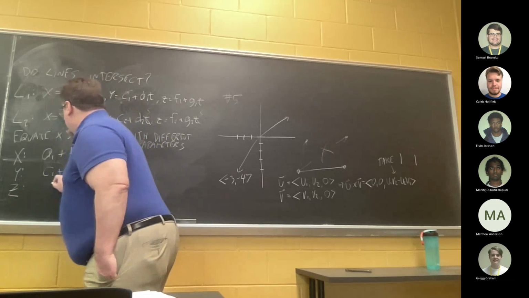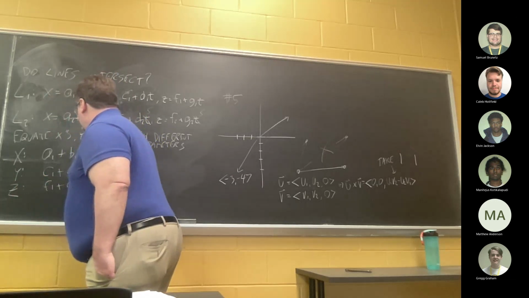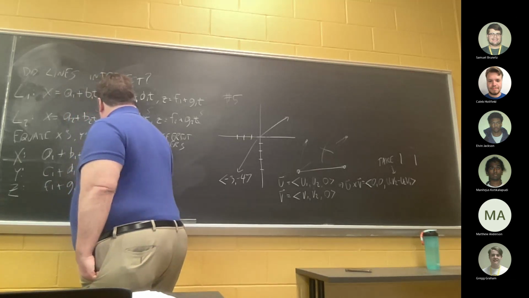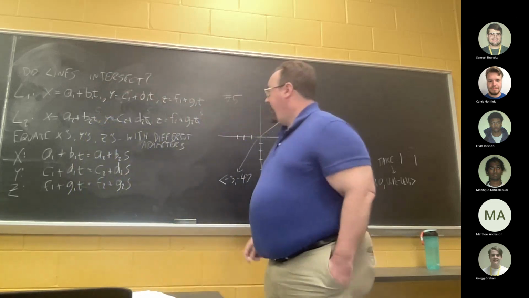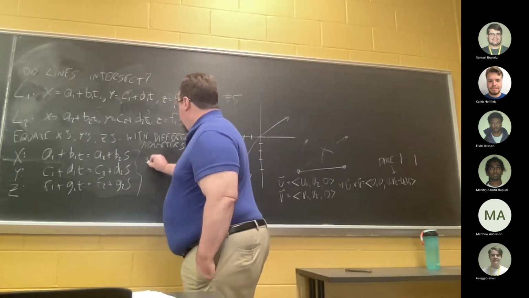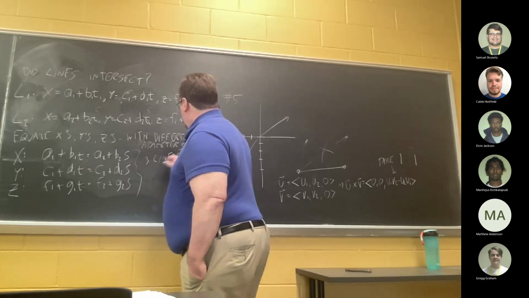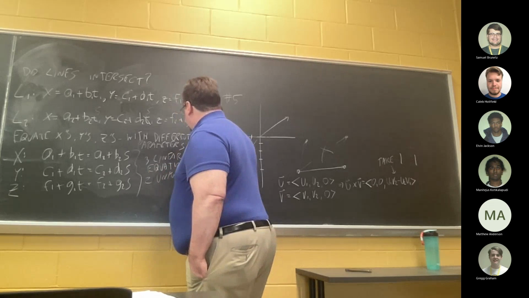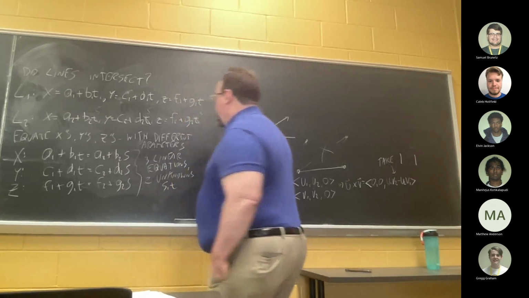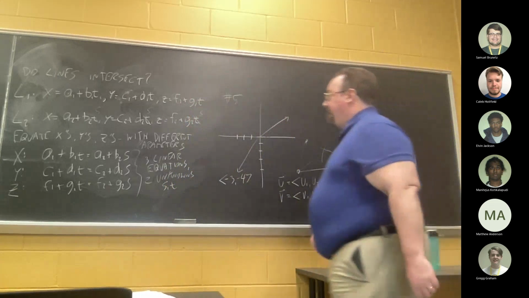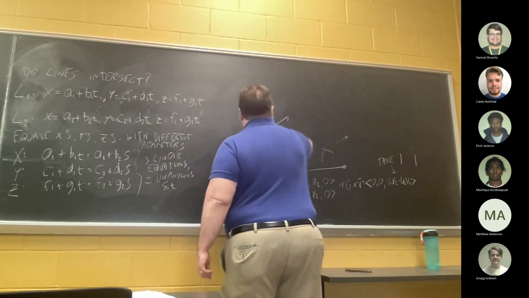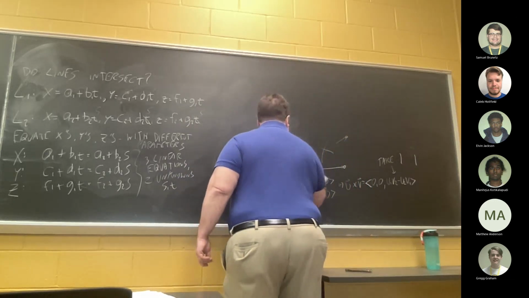And then z, I have f1 plus g1t is equal to f2 plus g2s. So what we have here is a system of three linear equations, but in only two unknowns, s and t. So if we can find an s and t that satisfies all three, the lines intersect. Otherwise, they're either parallel or skew.